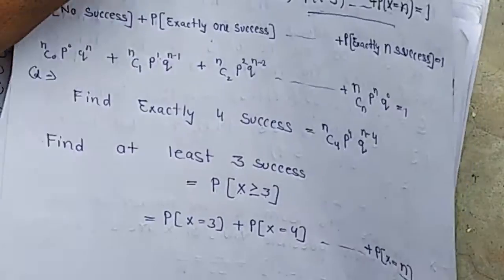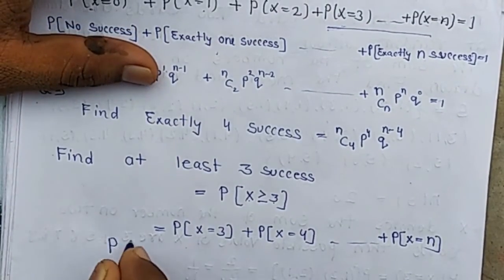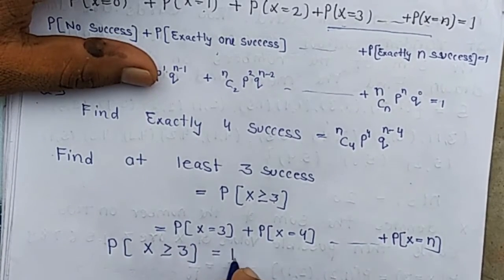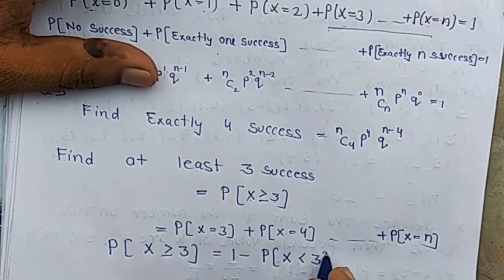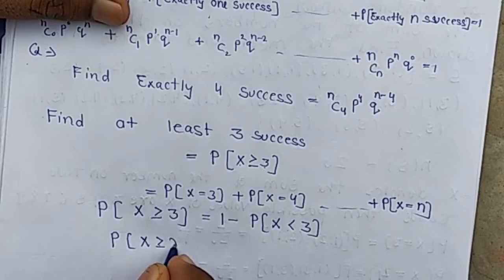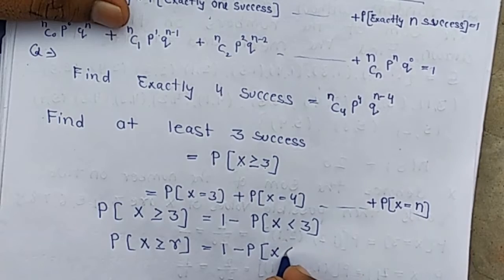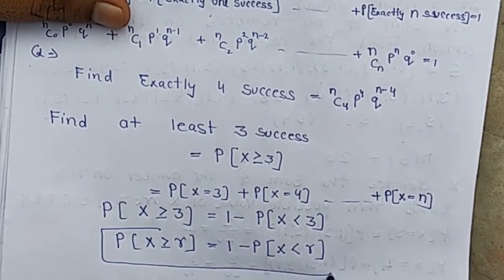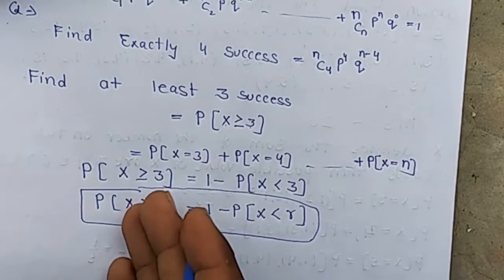We can write probability of x greater than or equal to 3 is equal to 1 minus probability of x less than 3. We have a formula: probability of x greater than or equal to r is equal to 1 minus probability of x less than r, and when the question says find at least r success, we apply this formula.